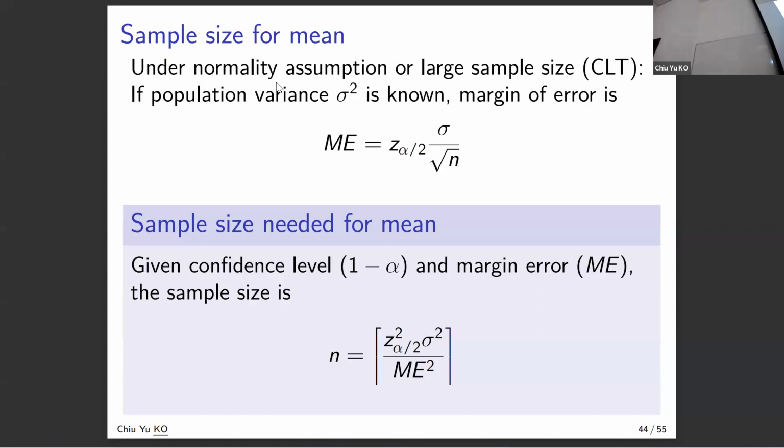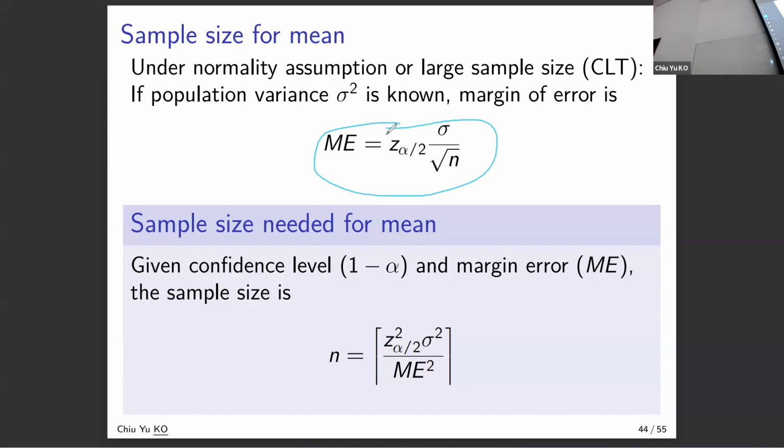So remember what we have just done, right? When we do interval estimate, this is the margin of error, okay? We focus on the case where only sigma is known, okay? We don't do the t thing, but the idea is very similar, we just focus on the normal case, okay? So this is the formula, okay?